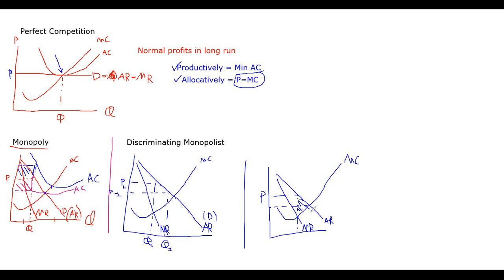So when you don't produce here but produce an output Q instead, this particular area goes away from consumer surplus, this particular area goes away from producer surplus, and this is what we can call the deadweight loss under monopoly.